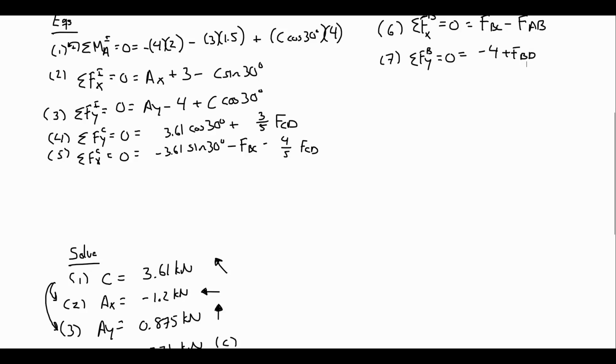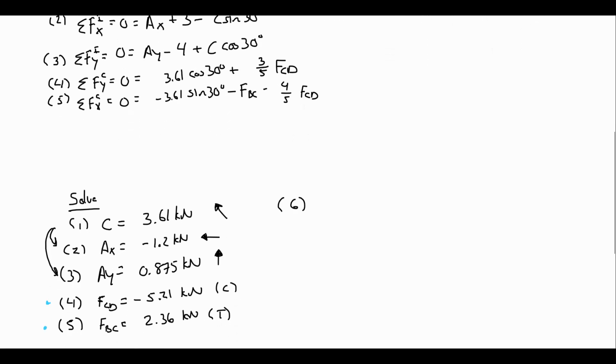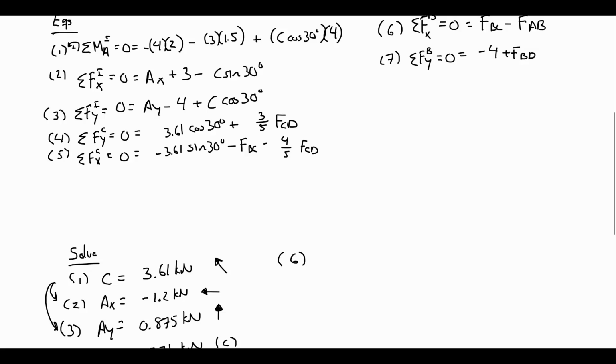In the solve step, since we already know BC is 2.36 from previously, now I'll substitute that in. So in equation 6, the only thing left I don't know at this point is FAB. So FAB must also be a positive 2.36 kilonewtons, so it too is in tension.